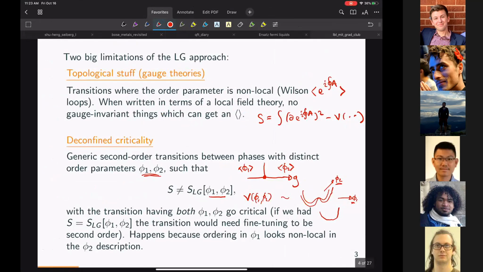Okay. So I guess one question I might ask is, when we say this happens because ordering in phi1 looks non-local in the phi2 description, this is related to fractionalization.